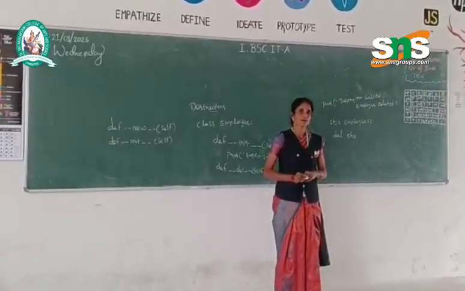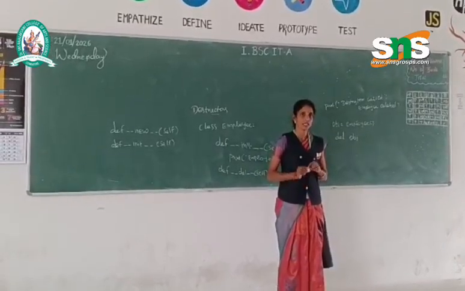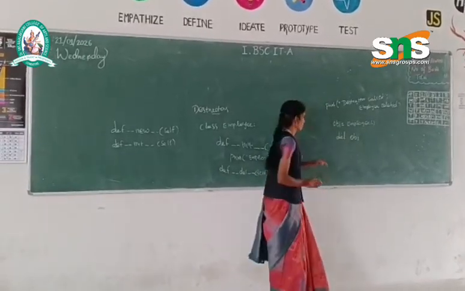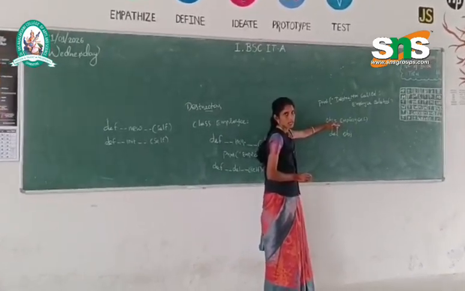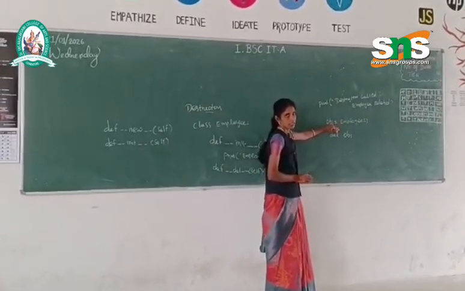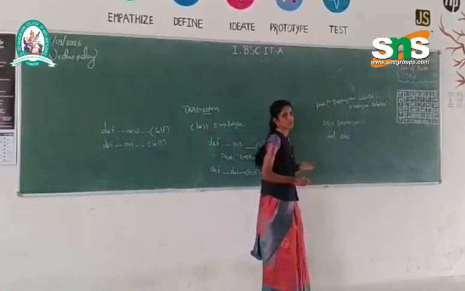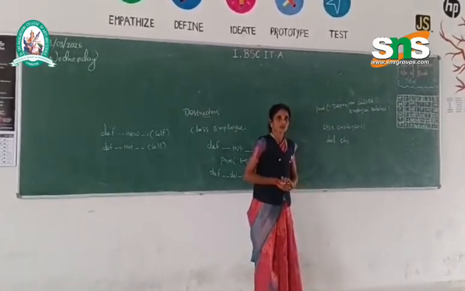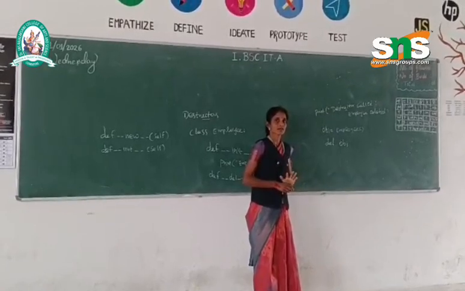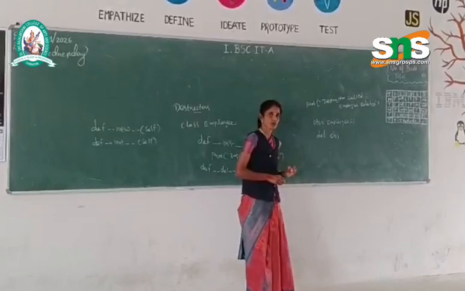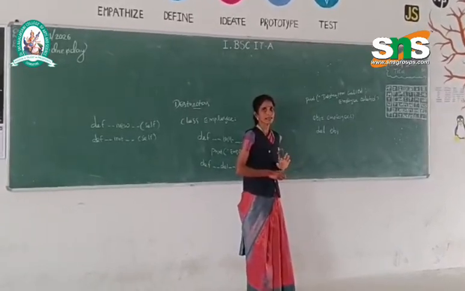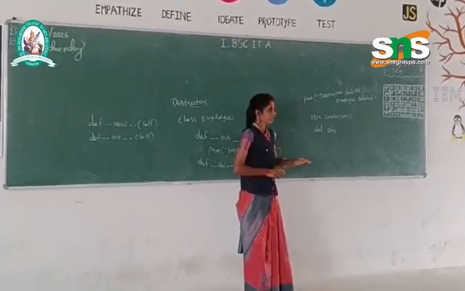The destructor will perform the delete function only at the end of the program. That is why I am declaring del obj in the last line. Okay, this is the difference between a constructor and a destructor. The constructor will initialize the memory allocation process, and the destructor will help to deallocate the memory allocated to the process.